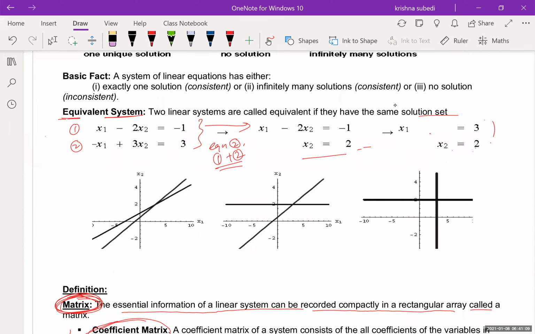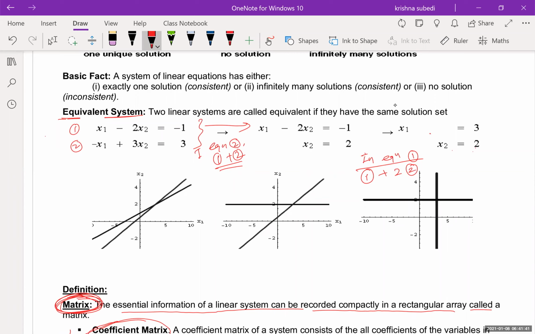Now from here to here, what I did is I did nothing in the second equation. In equation 1, what I did is equation 1 plus 2 times equation 2.